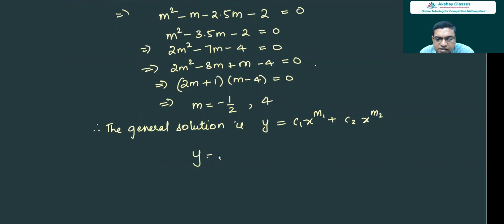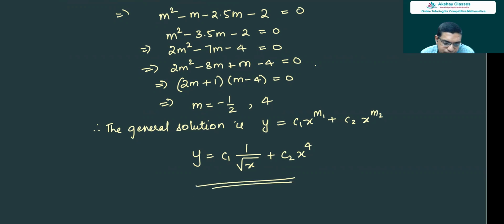So y is c1 x to the power minus half, so 1 upon root x, plus c2 x to the power 4. This is the solution. This is the general solution of the Cauchy's equation, Euler-Cauchy's equation.